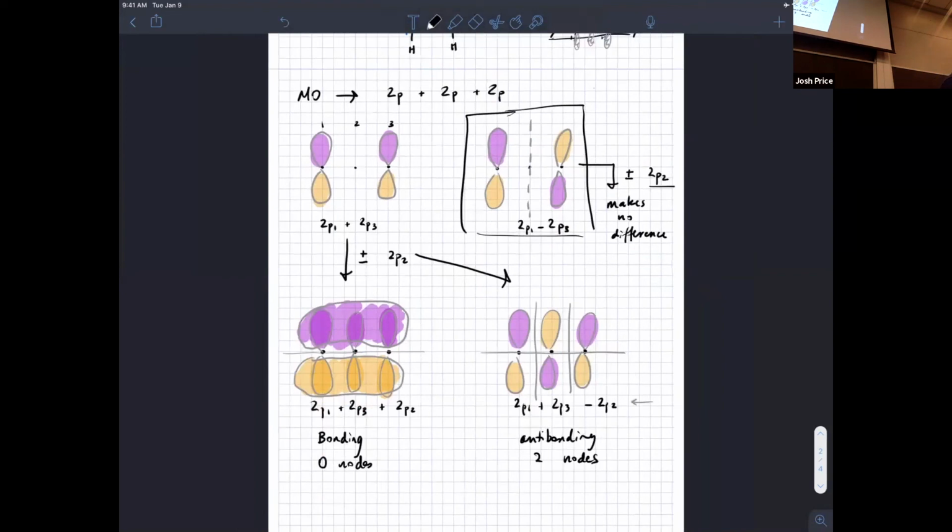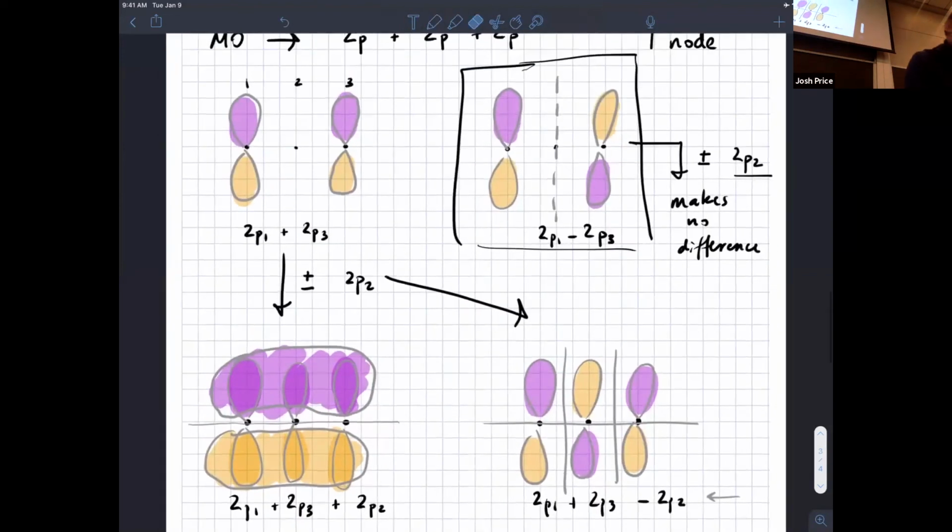Notice that this orbital has 1 node, singular, and notice that there's no electron density between the atoms, but there's also no adjacent switch in phase. And this will turn out to actually be a non-bonding orbital.